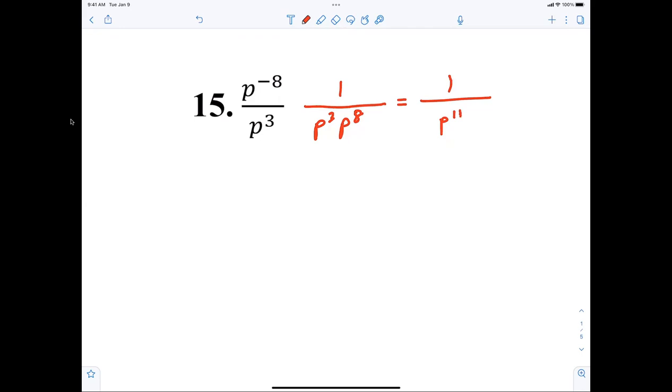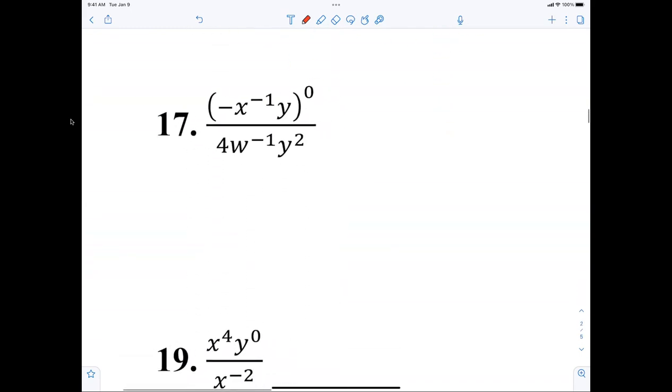Do you need to bring down the p from the top too? I brought this whole thing down here. Okay. That's the answer. All right, let's check out 17 now.